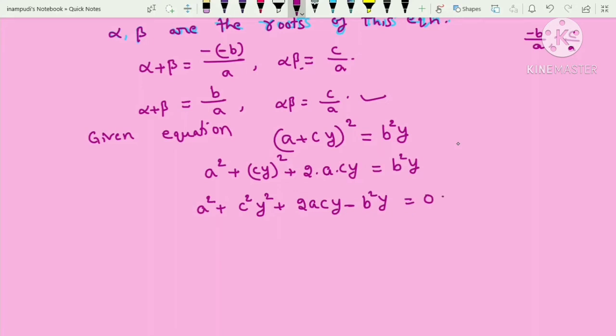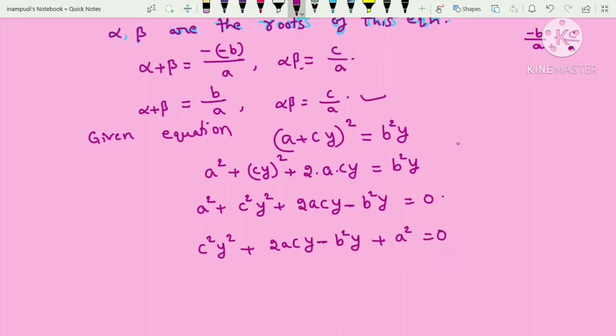We have to write this in the form: first the y² term, second the y term, then the constant a² equal to 0.